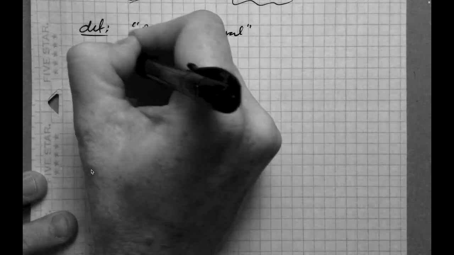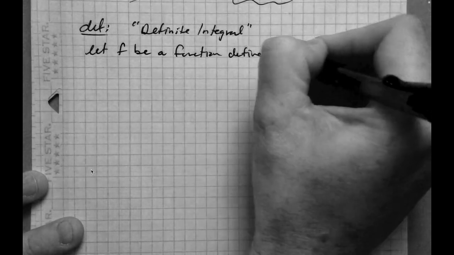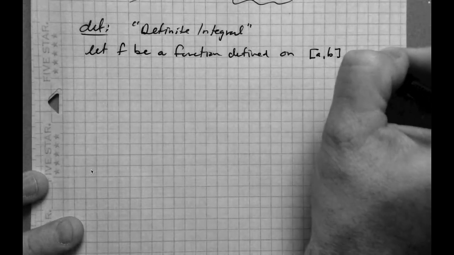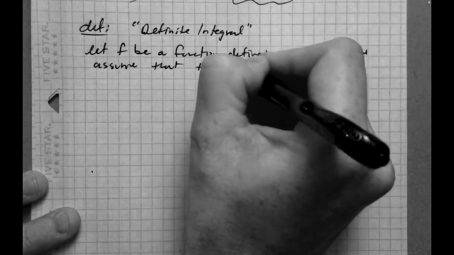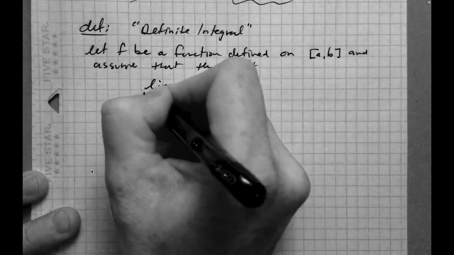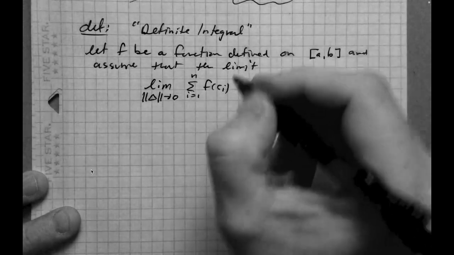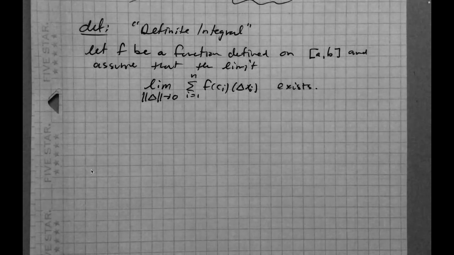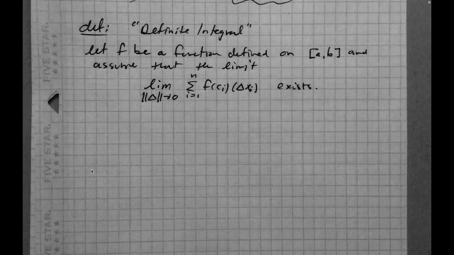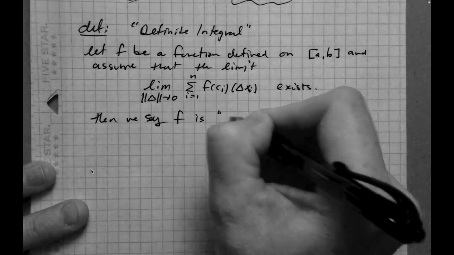Let f be a function defined on the closed interval [a, b], and assume that the limit we just looked at, the limit as the norm of the partition goes to 0 of the sum i equals 1 to n of f of ci delta xi, exists. Then we say f is integrable on [a, b].